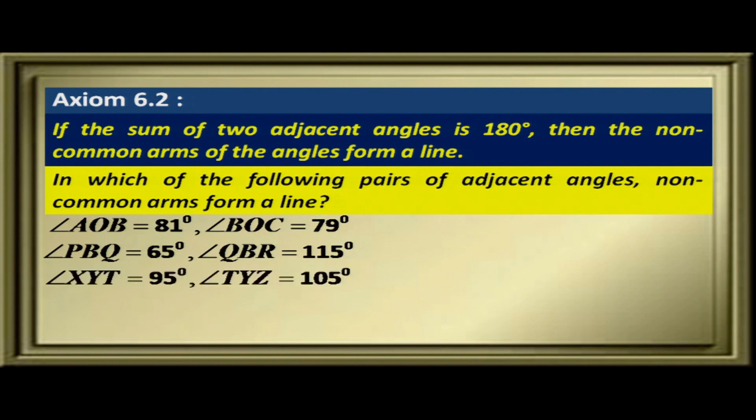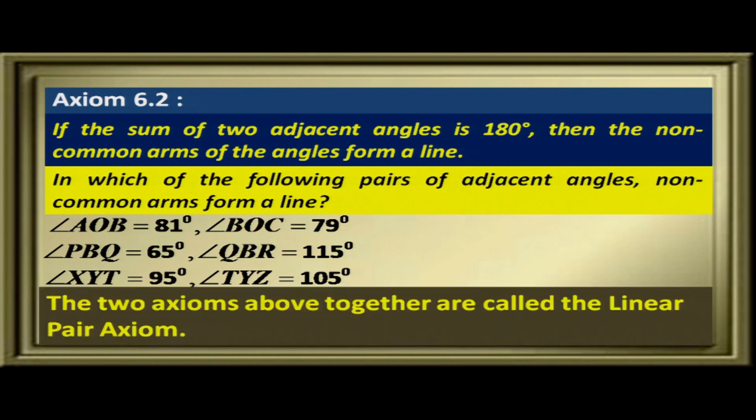Angle XYT is equal to 95 degree and angle TYZ is equal to 105 degree. The sum is 200 degree, which is not 180 degree. So, the non-common arms will not form a line. These two axioms are called the linear pair axioms.